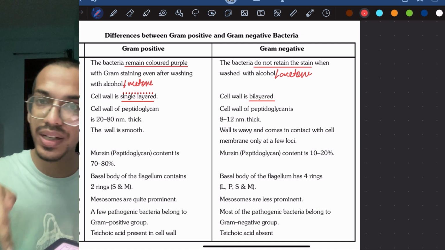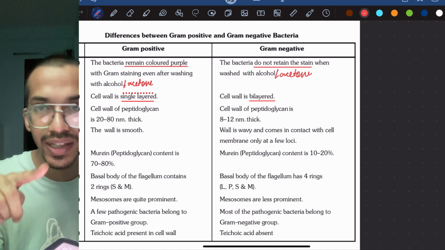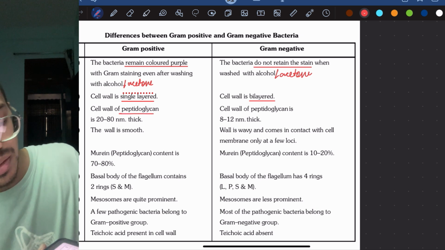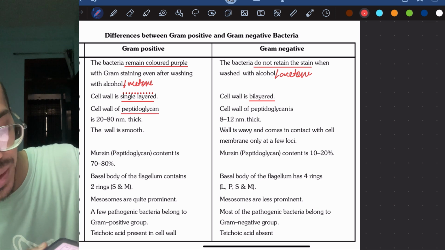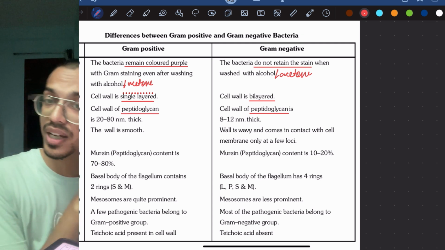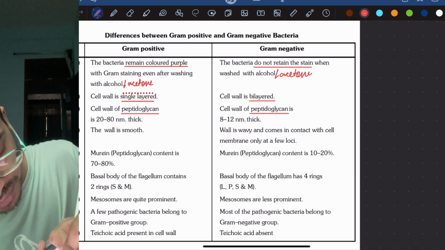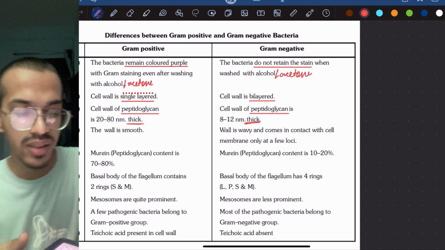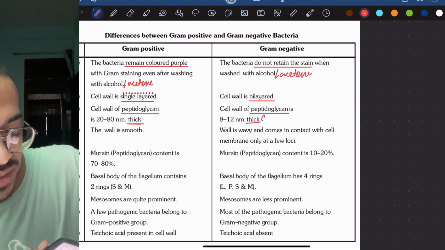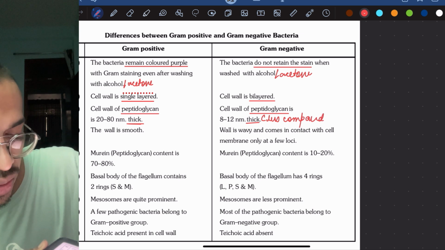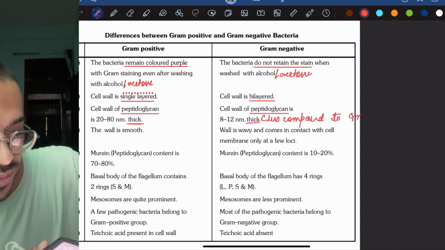Now the first one is made up of peptidoglycan, and very little lipid is present. This is made up of peptidoglycan, this is also made of peptidoglycan, but which was more thick? Positive was more thick, the other was thin. You don't need to remember the values, but at least remember this: less thick compared to gram positive.